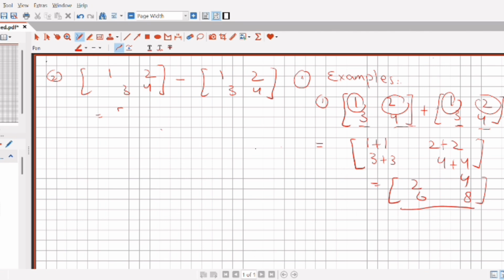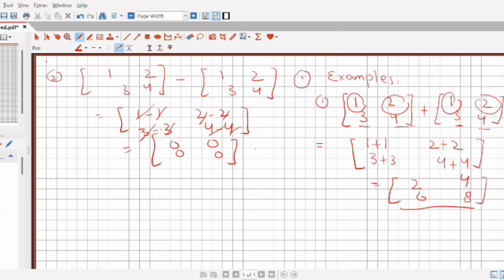The first entry is subtracted from the first, the second from the second, the third from the third, and the last from the last. 1 minus 1 gives 0, 2 minus 2 gives 0, 3 minus 3 also gives 0, and 4 minus 4 also 0.